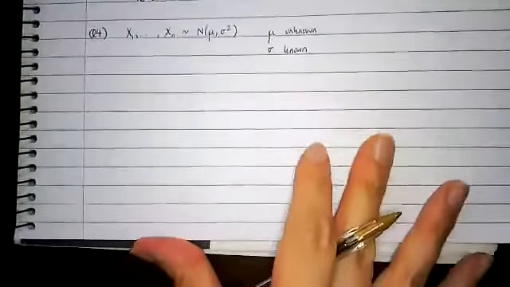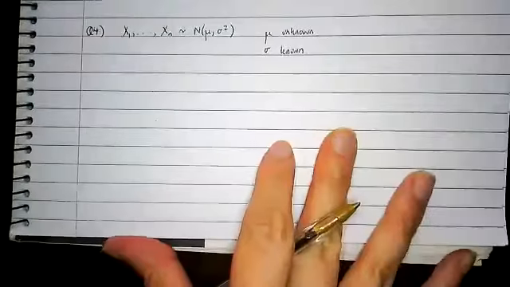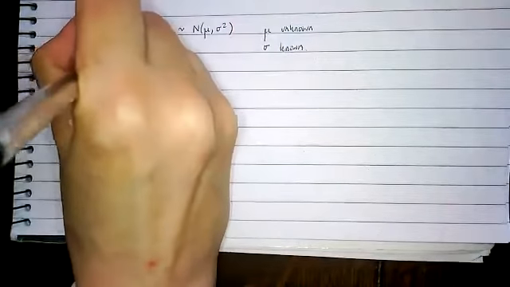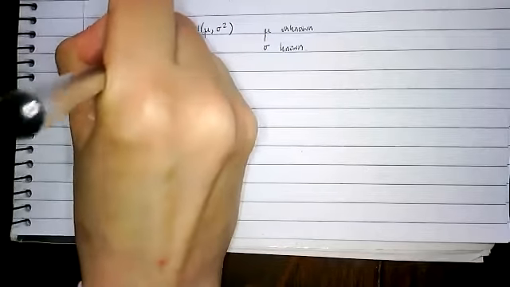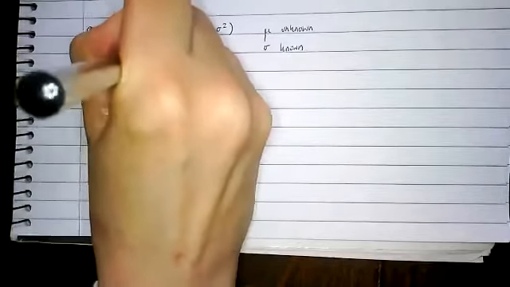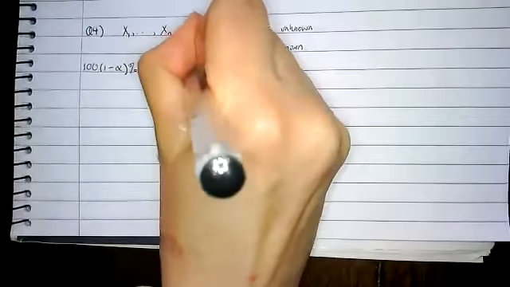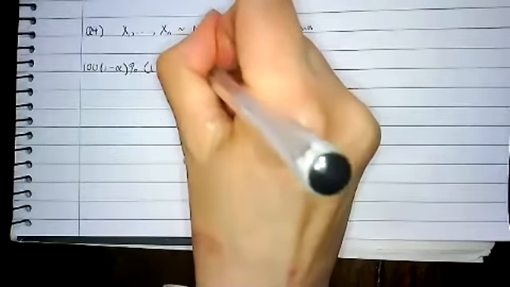Later on we'll assume a value for sigma, but for now not. So the first thing I want you to do is, assuming that we're looking at a 100 times 1 minus alpha percent confidence interval, write down a formula for that confidence interval.